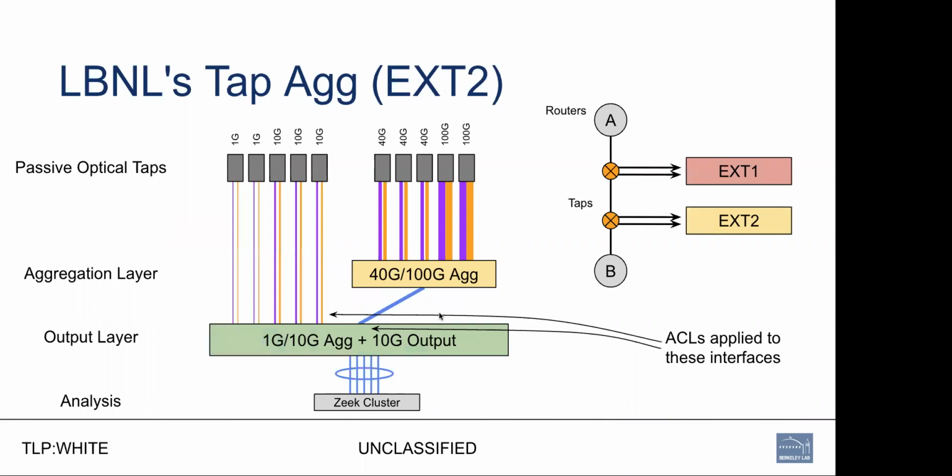And then we have a very similar environment in a separate location, and that's where we're doing the two passive optical taps on a single link feeding to the two separate buildings, basically just as redundancy in case one of the buildings goes offline for some reason. But we are very space constrained in that second location.